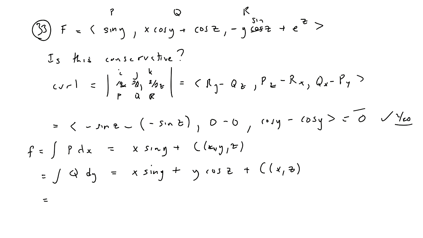And it's also equal to the antiderivative of r with respect to z. And again, we might be missing two of the variables. So all those are f.